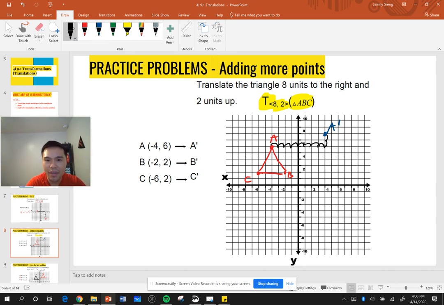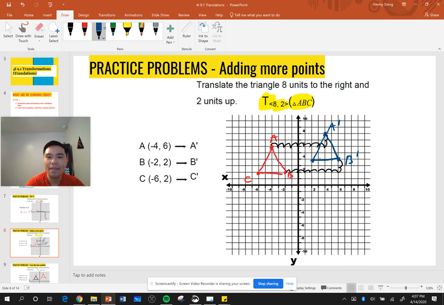Here's B. So I go 1, 2, 3, 4, 5, 6, 7, 8. And then I go up 1, 2. And notice how when I move, everything else should move the same, right? In the end, we create congruency with those. I'm also doing a shortcut. You can just say 1, 2, 3, 4. That triangle's 4 apart from it, right? Should be easy peasy.